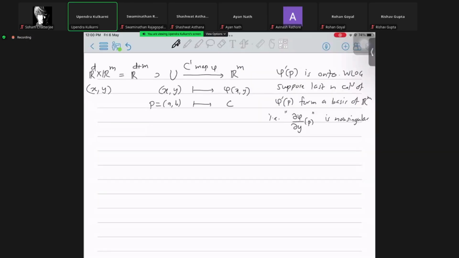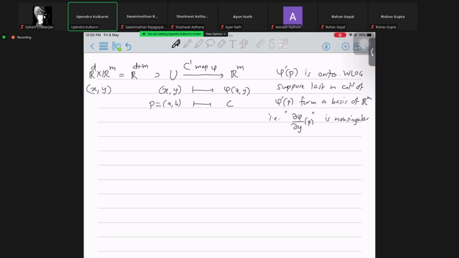Recording in progress. Okay, so I have written the hypothesis for the implicit function theorem, where I have a C1 map from an open set in a larger dimensional space to a smaller dimensional space. And we are assuming that the derivative is surjective at a certain point.